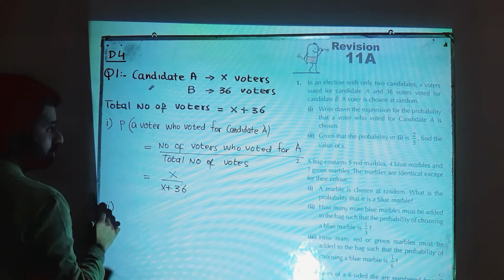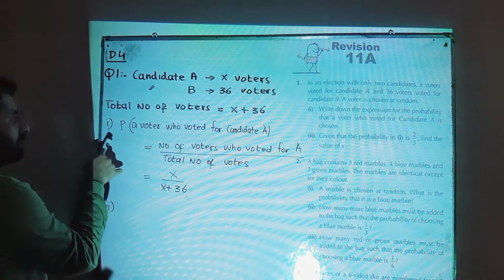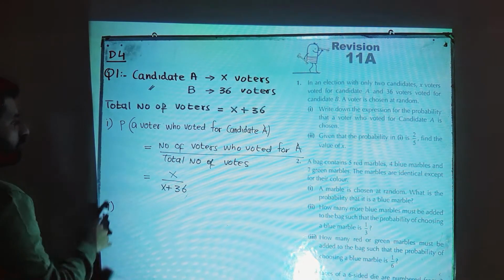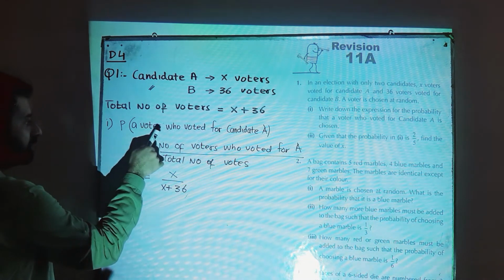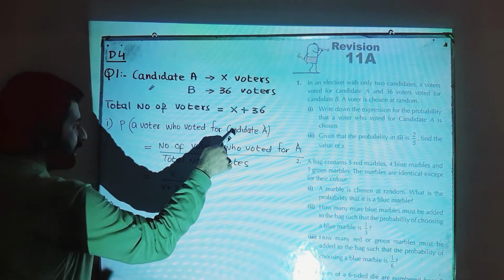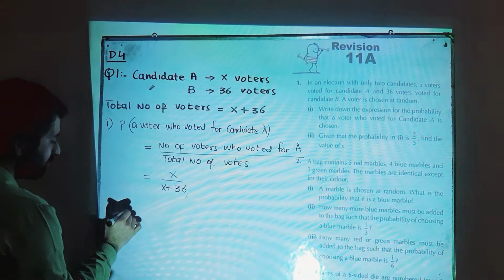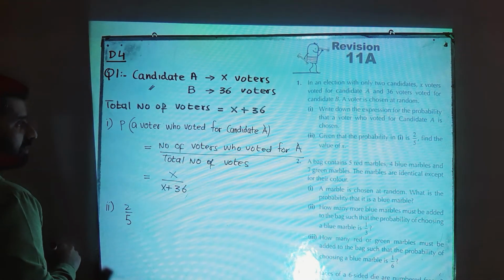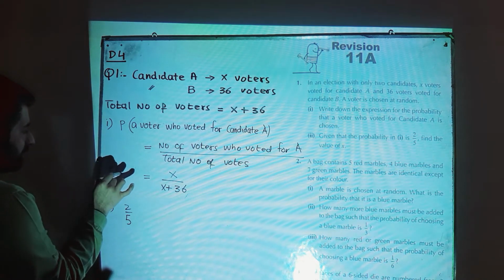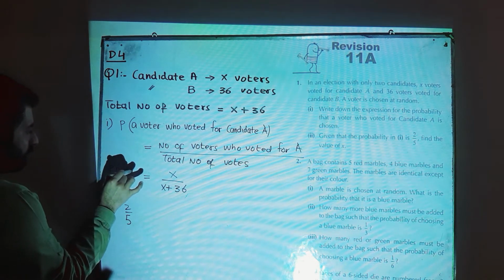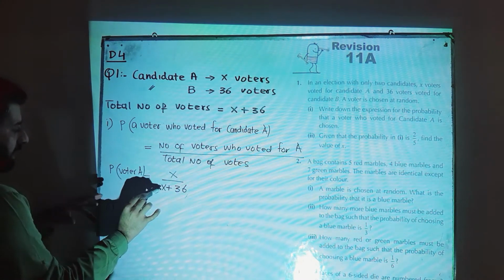And in part 2, it is given that the probability from part 1, the probability that a voter voted for candidate A, is 2/5. Find the value of X. Well, the probability for a voter of A is X over X plus 36.